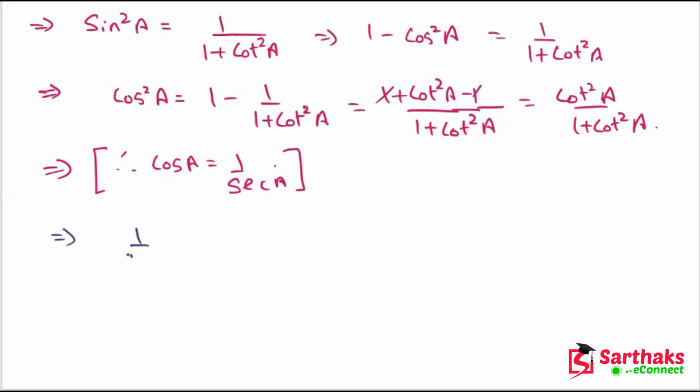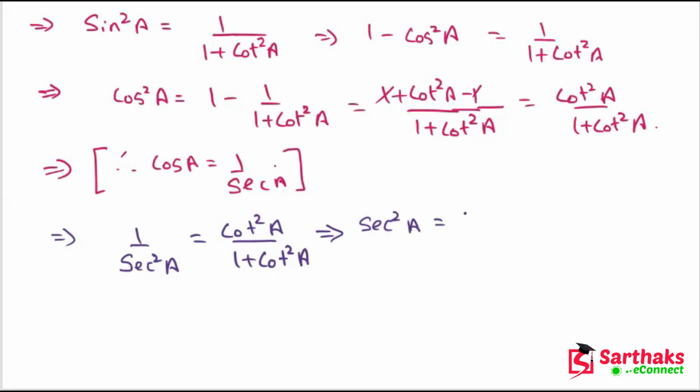We get 1 upon sec square A equals cot square A upon 1 plus cot square A. Now reverse the denominator and numerator, we have to do the reciprocal. So we get sec square A is equal to 1 plus cot square A upon cot square A.